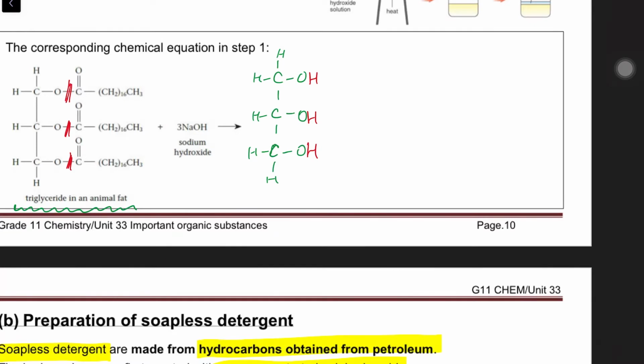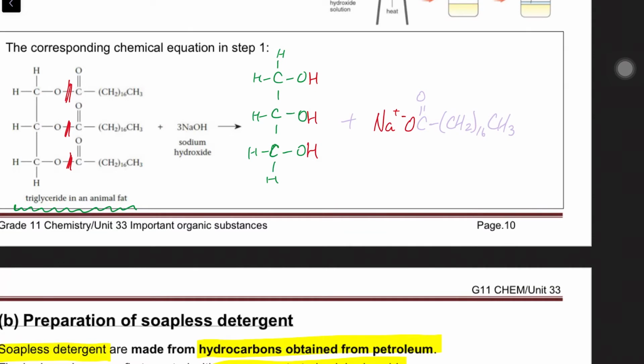And how about the carboxylate part? The carboxylate part will be, okay, we directly copy the given information, 16 CH2, 1 CH3, and again, the extra O minus will be given because this time we have sodium ion. Like this. This is the sodium salt of our carboxylic acid.